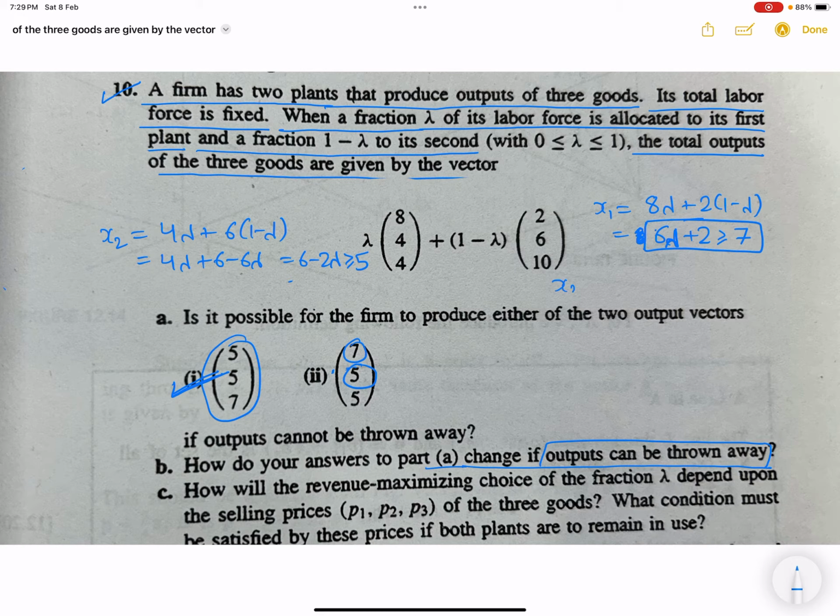And then x3 was 4 lambda plus 10 minus 10 lambda, which is 10 minus 6 lambda, should be greater than or equal to 5. Now, with the help of these three inequalities, if we are able to find a lambda, then this output can be produced if some of the outputs can be thrown away.